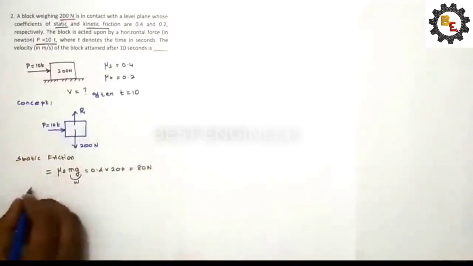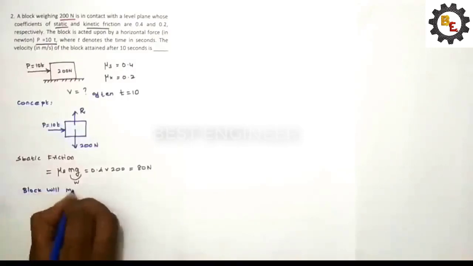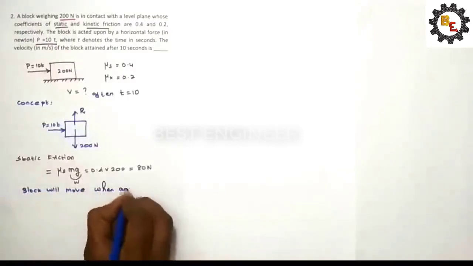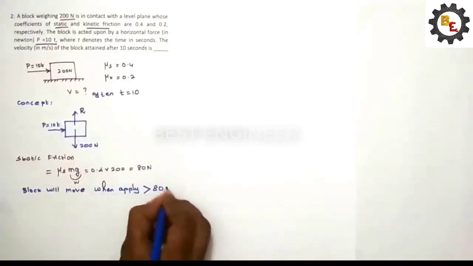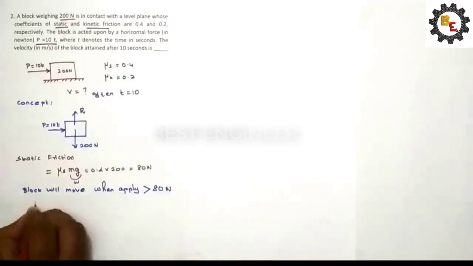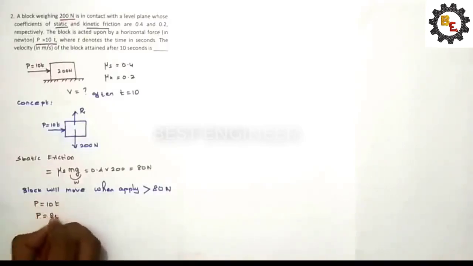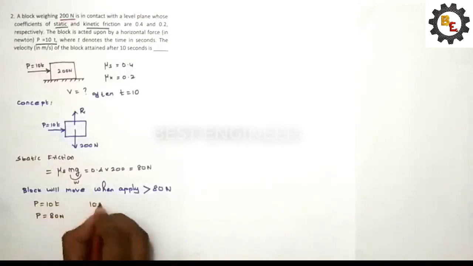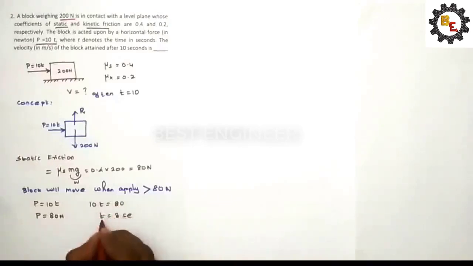The block will move when we apply a force greater than 80 Newton. So P equals 10t, and P equals 80 Newton. Now 10t equals 80, t equals 8 seconds. So the object will move after 8 seconds.